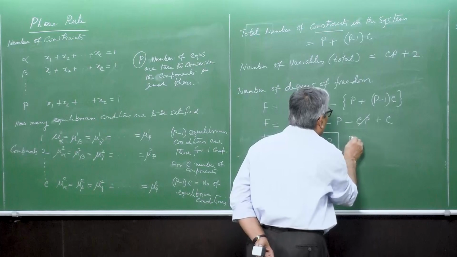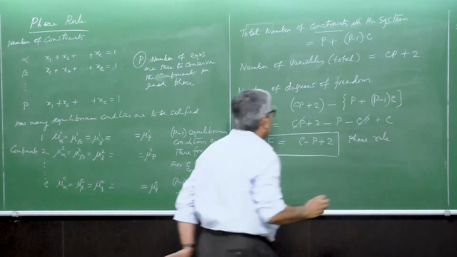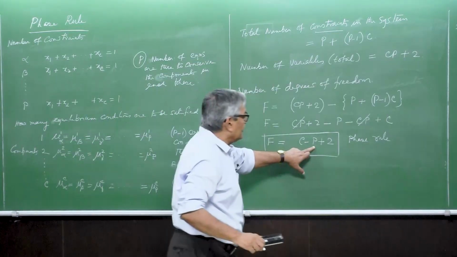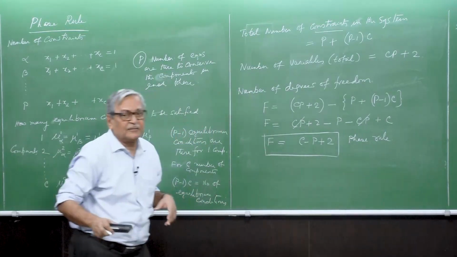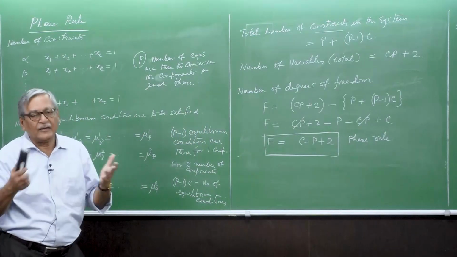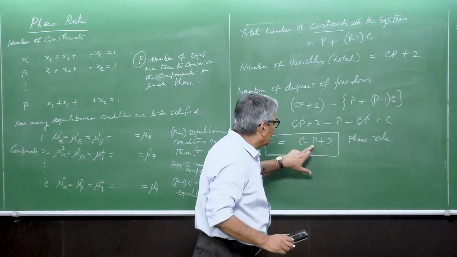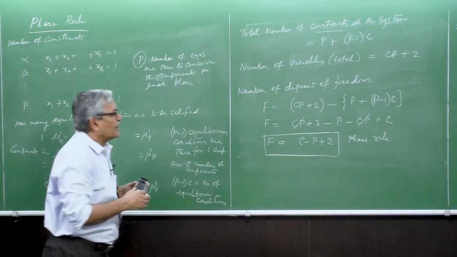It means that if you have C number of components and if they are distributed in P phases, then the number of degrees of freedom in the system by which you can manipulate the equilibrium is basically F equal to C minus P plus 2. So that's the simple argument.